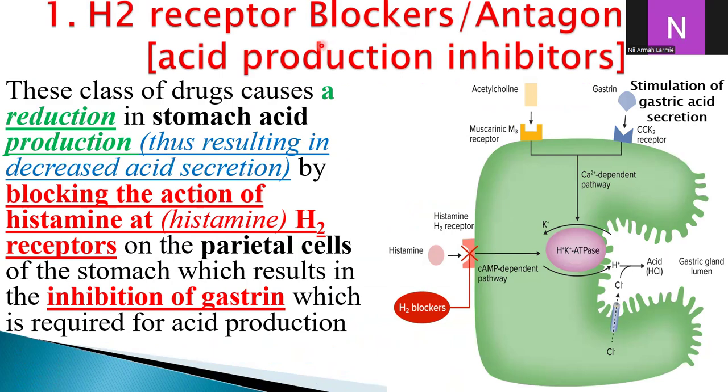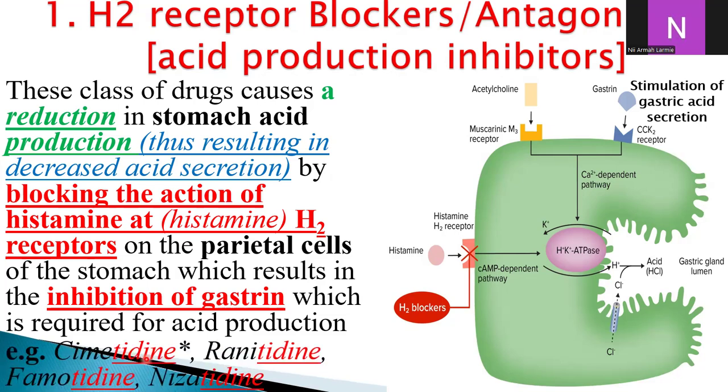These drugs are involved with the production and ultimate secretion of the HCl. They are identified as the tidines. So in their name, you see tidine. So cimetidine, ranitidine, nizatidine, famotidine. Normally, the tidines help us identify the H2 receptor blockers or antagonists.